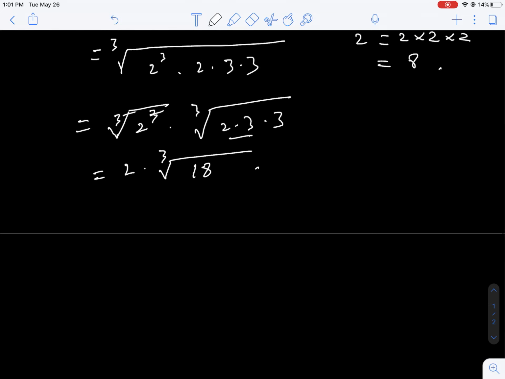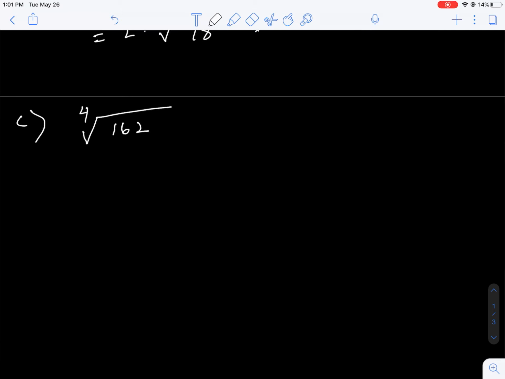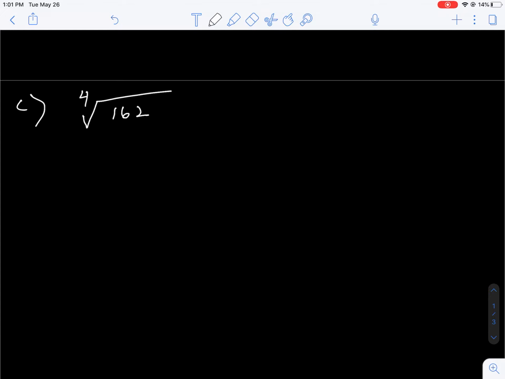Now we'll do another example, example C, and it's the 4th root. The 4th root of 162. So as we did before, we're going to factorize this. We'll use prime factorization to find the factors. I'll always start with 2, and 9 times 9 is 81.